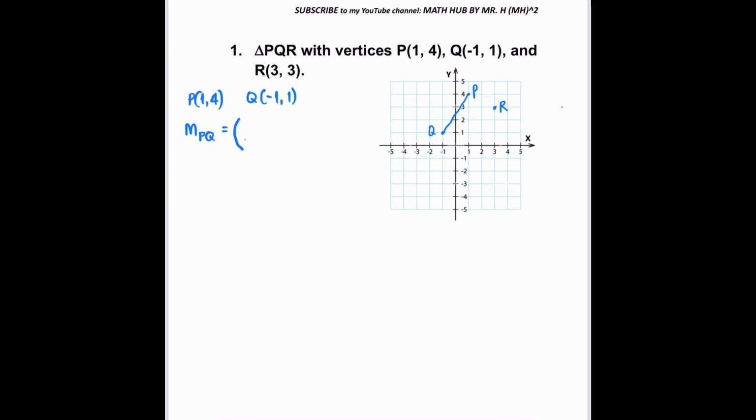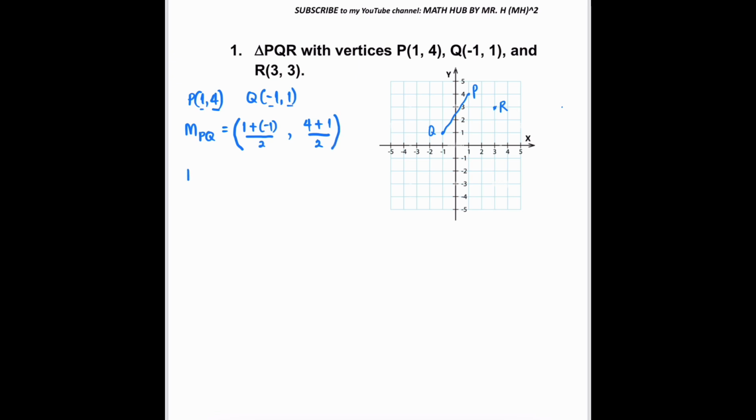So first, to know the x coordinate of the midpoint of segment PQ, we take all the x coordinates of 2 points. So we have the x coordinate 1 plus the x coordinate of point Q, which is negative 1, divided by 2. And then to find the y coordinate of the midpoint, we take the y coordinate of point P plus the y coordinate of point Q divided by 2.